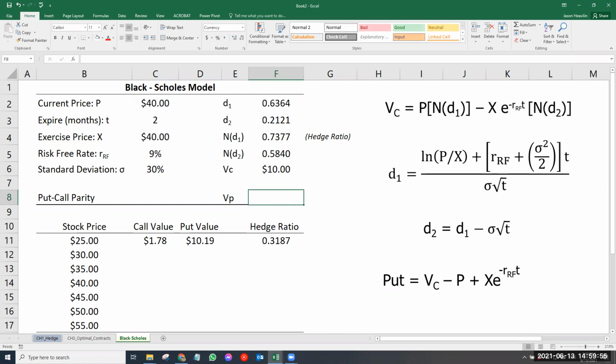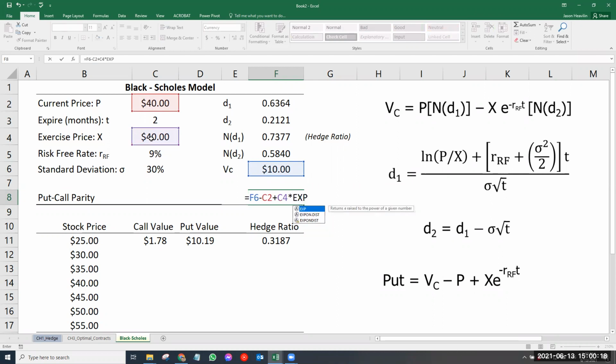So what you do now is we are going to get the value of the call option minus the price plus the strike price, but multiplied by the Euler number. In this case, we're going to use the EXP function.